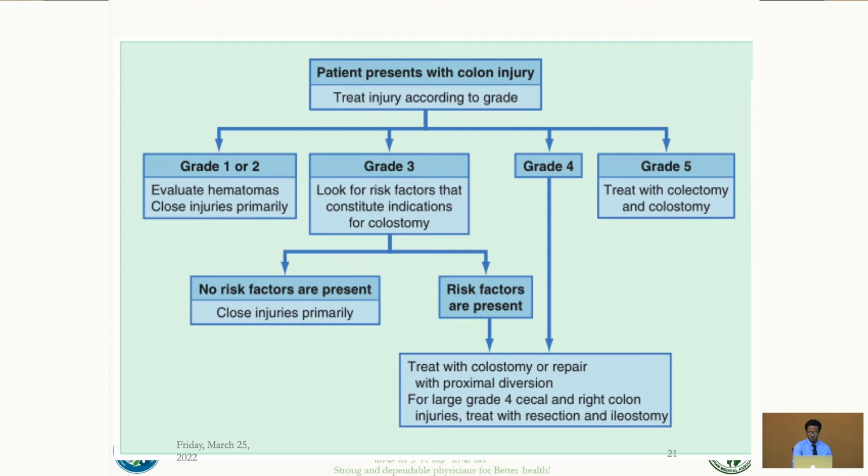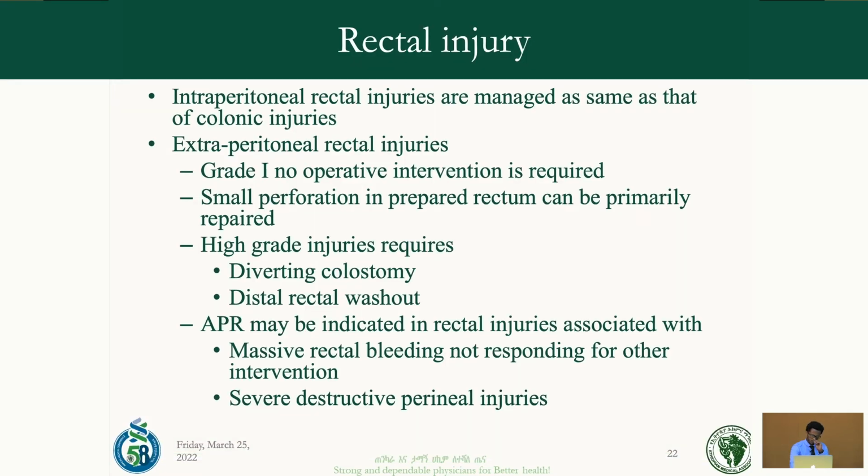If they have no risk, we can close the injury primarily. If the patient has risk, the patient can have a colostomy, or they can have repair with proximal diversion. If the patient has grade 5 injuries, they can have a colectomy, and colostomy is the advised management option.